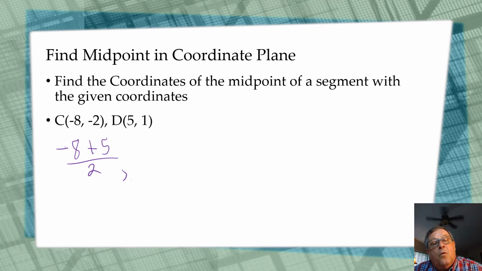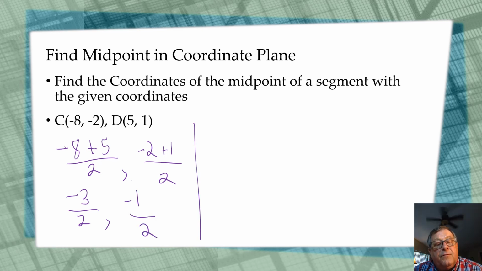And then for the y coordinate, let's go -2 plus 1 over 2. And -8 plus 5, well, that's going to be -3 over 2. And -2 plus 1 is going to be -1 over 2.